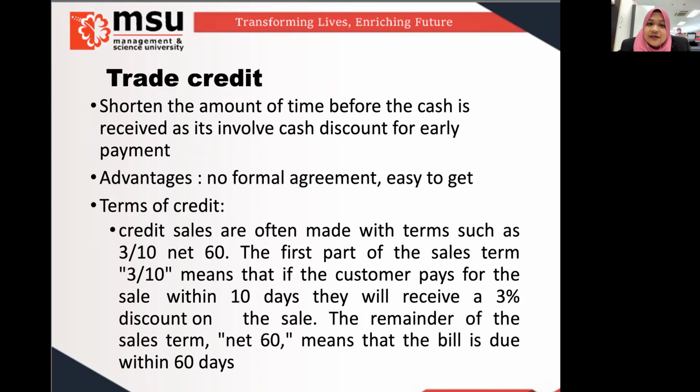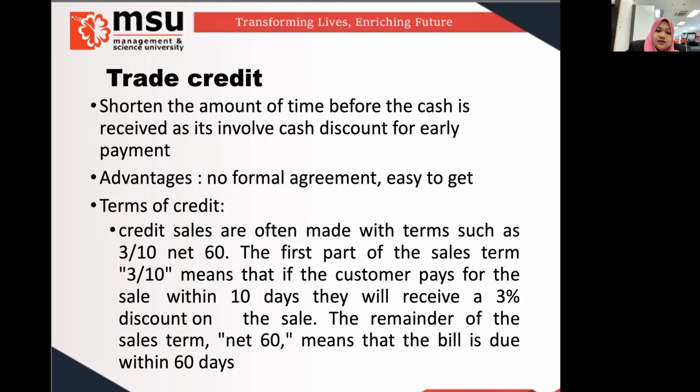All right. Next is trade credit. Trade credit is the account payable management. Account payable can be between you and your customer, where you are the one giving the trade credit to the customer, or it also can be between you and your supplier, where your supplier gives you the trade credit.